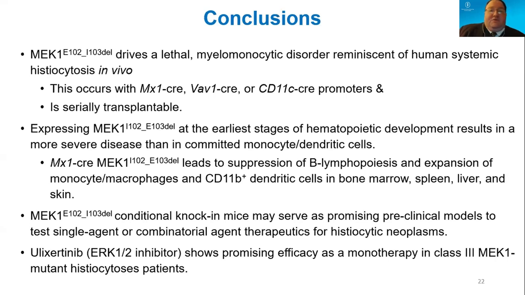But we are doing more single cell experiments. We have more planned in the study to evaluate the mutation profile in the different subsets in more mice. And we also have a lot of single cell RNA sequencing data we've collected that we're starting to analyze to understand what's happening with the transcriptional profiles at the different stages of hematopoietic development, especially in the MX1 Cre mice, where this is expressed at the early stages of hematopoietic development.